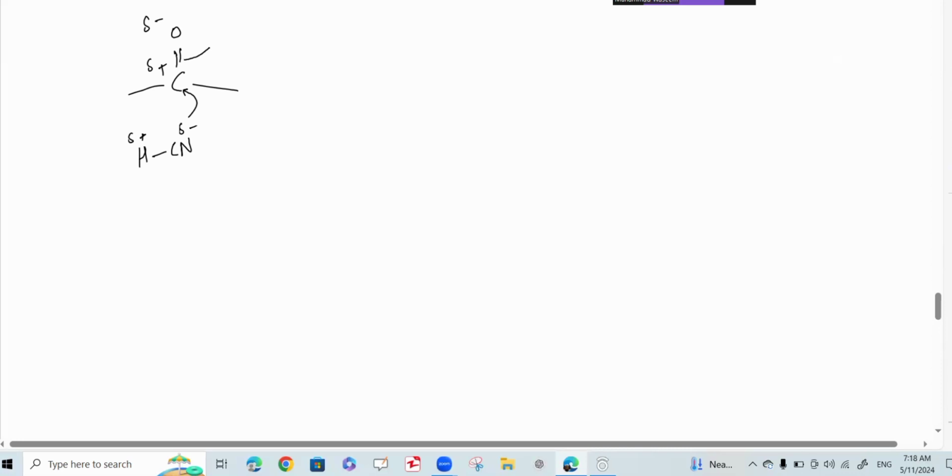Let me tell you from the start. The oxygen has the partial negative charge, and the carbon has partial positive charge. So this carbon will be attracted by the CN, which has a proper negative charge, and this CN will attack on the carbon.